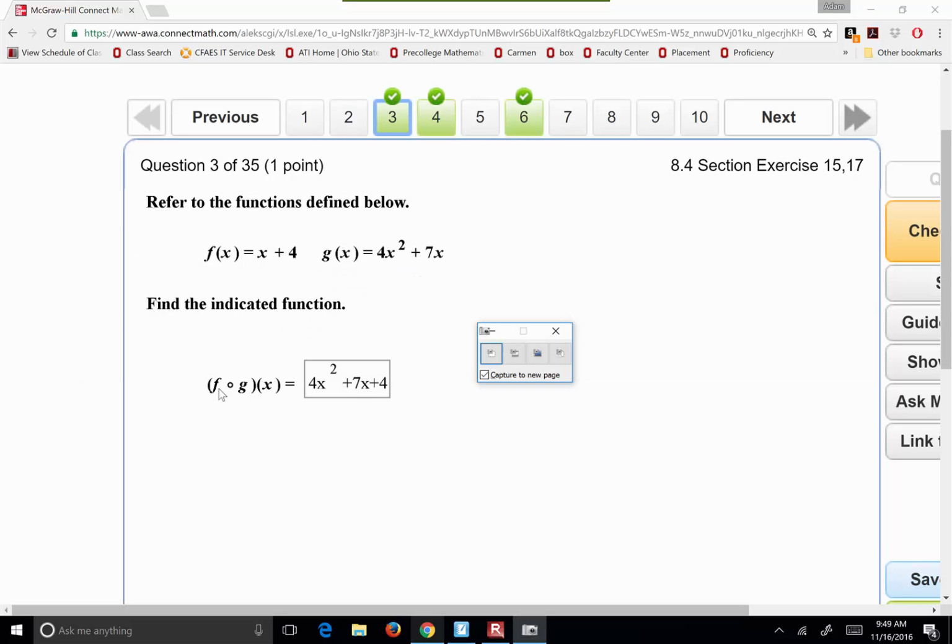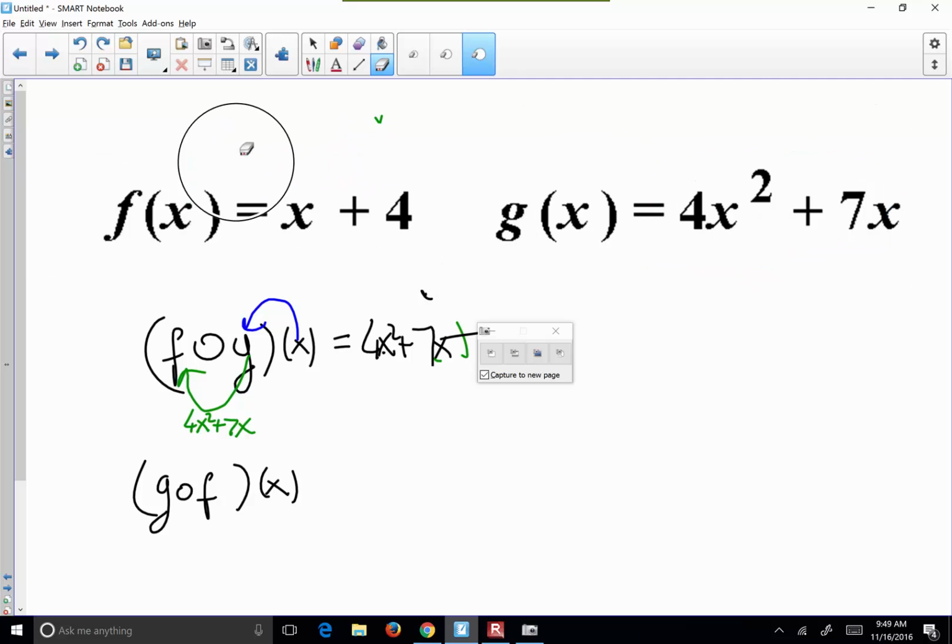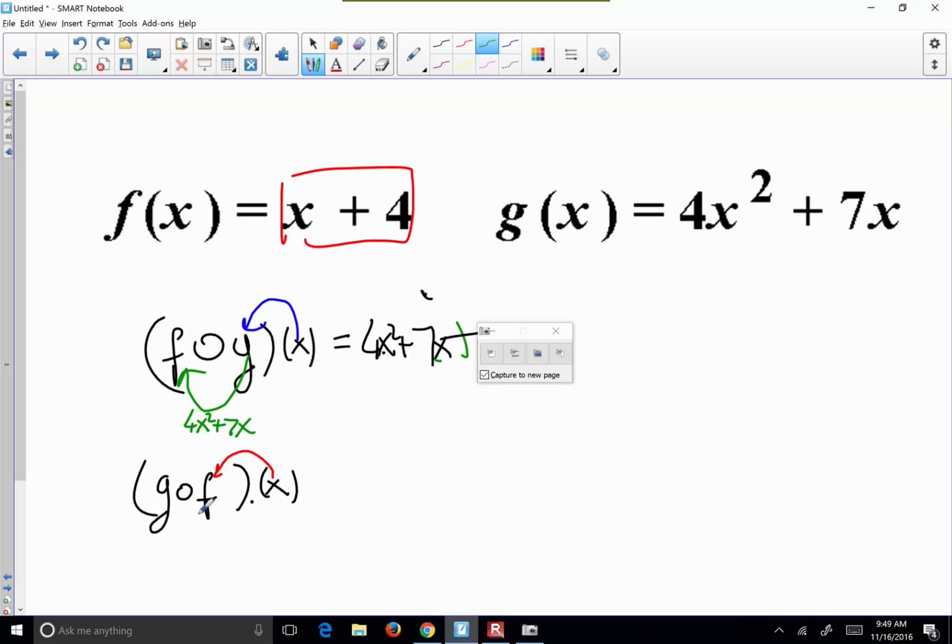Okay. So the next question was, how do you do it if g and f are flipped? This time x is first visiting f. Look, x is going into f. What happens if x is going into f? It turns into x plus 4. So it will come out as x plus 4.